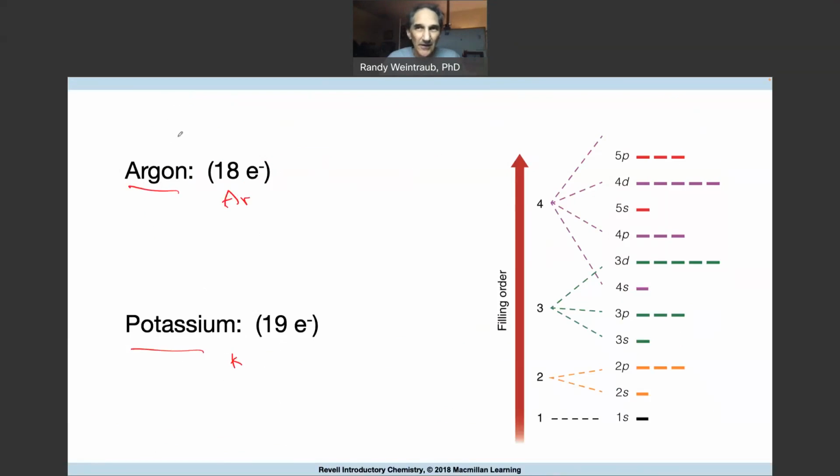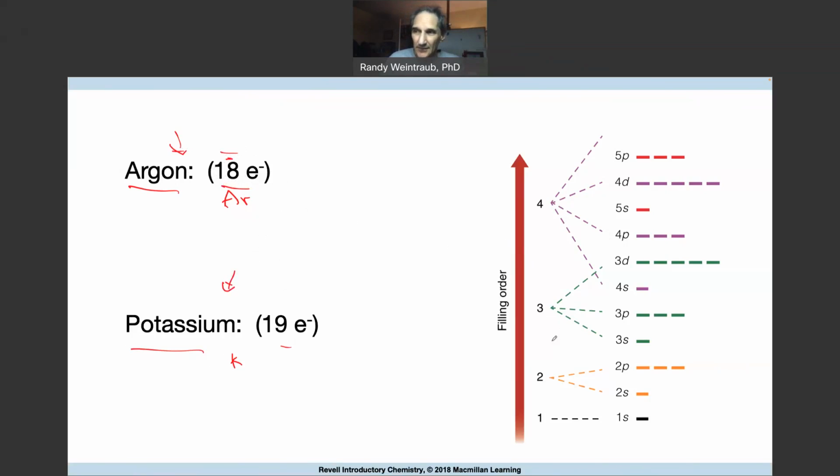Argon is in group 8A, all the way to the right in the group of noble gases, and potassium is all the way to the left, group 1A, part of our alkali metals. And you'll see how many electrons they have. That also corresponds to the neutral atom, and it's also the number of protons present, their atomic number.